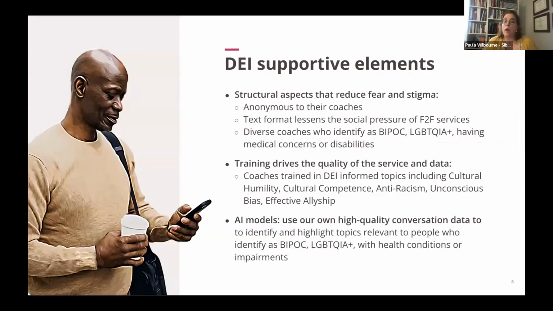The way we weave DE&I specifically into this process is partially in some of the structural aspects of the service. So members can be anonymous to their coaches. So I can choose a new username that's not my name, that just helps create safety on the platform. The intervention is 99% text-based.